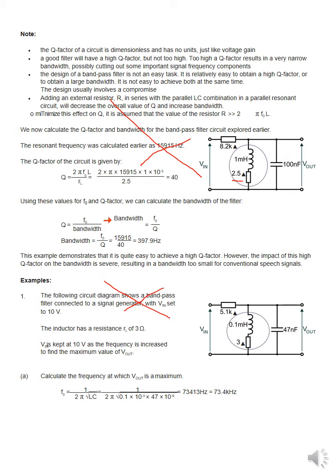Due to the non-ideal nature of your inductance, we have some value of resistance available there. If you study this part, then I'll explain it to you for future work, but not for this test.